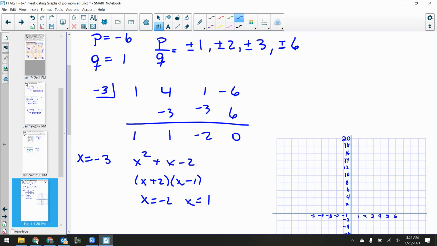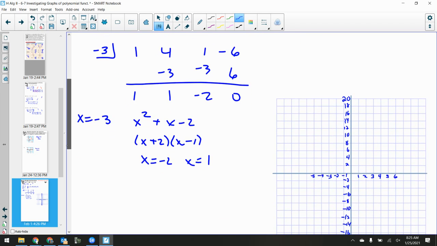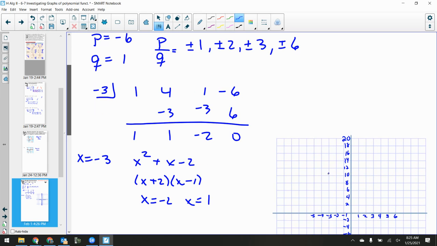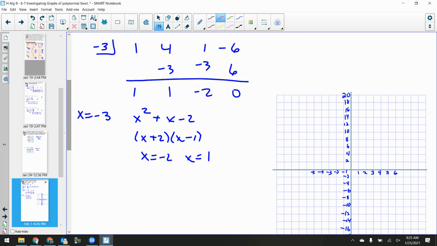Okay, now at that point, I can say, well, I know then that it crosses at -3. It crosses at -2. And it crosses at positive 1. And I also know that it goes down on the left, up on the right.